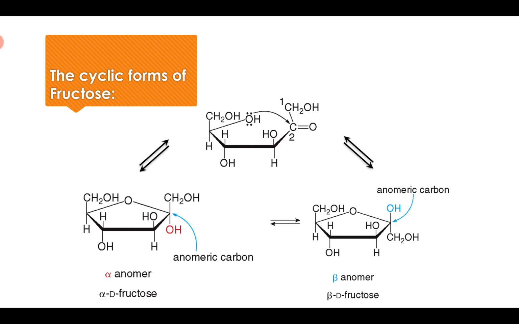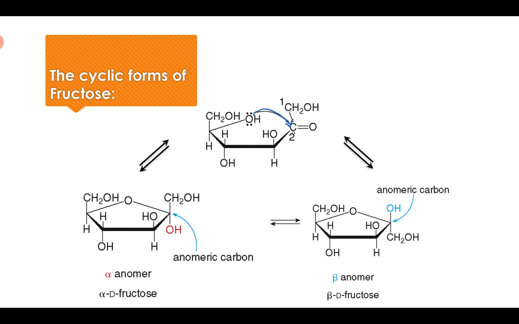Fructose, which is a ketose, can also form a cyclic structure. This is a picture showing how that's going to work. With our fructose, the ketone is at carbon number 2, and so that OH group comes and reacts with that location.